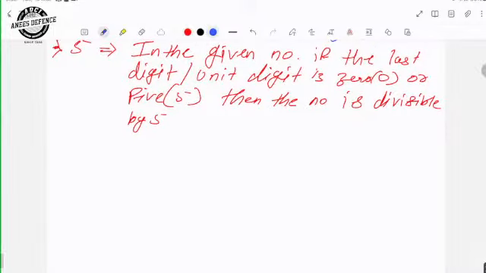Next is 6. What is the case of 6? The case of 6 is quite dependent upon the previous cases, 2 and 3.